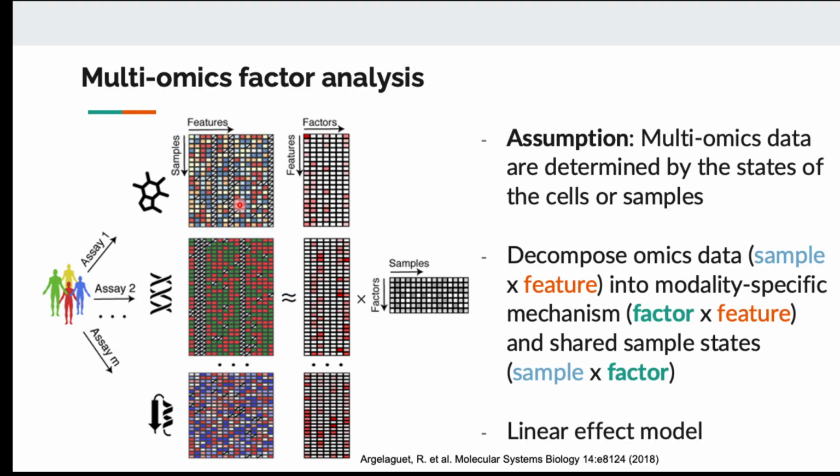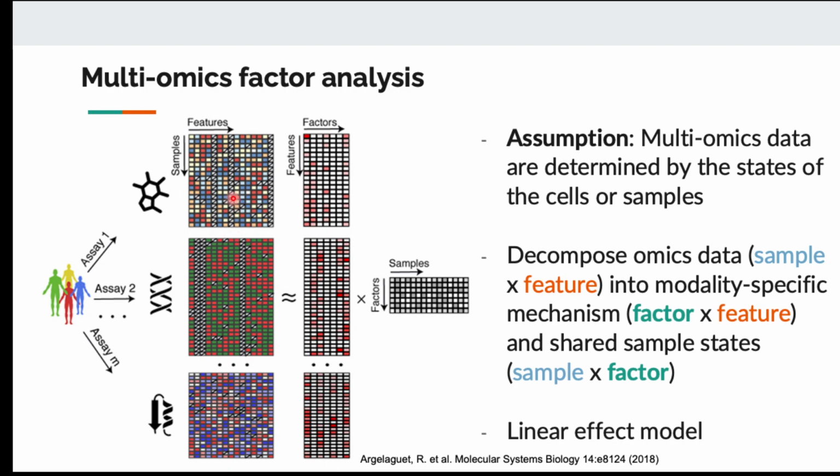So some people want to model this explicitly. What do we mean by we assume that these data come from the same biology? What they want to do is called a factor analysis or decomposition analysis.